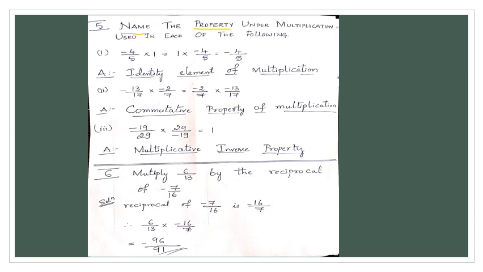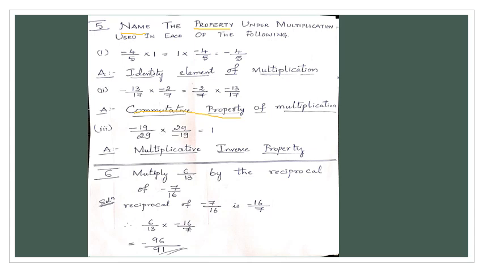Then in the second one, minus 13 by 17 into minus 2 by 7 equals to minus 2 by 7 into minus 13 by 17. In these two, see here, a into b equals to b into a. Here, multiply the rational numbers by changing their orders. So the property used is commutative property.